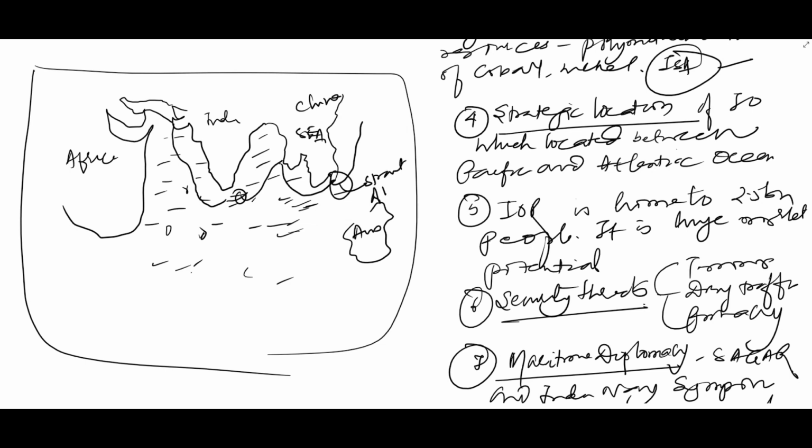So the international choke points will be here, and one more. Two straits are there: the Strait of Bab el Mandeb and the Strait of Hormuz. So we have the sea lines of communication and these international choke points.